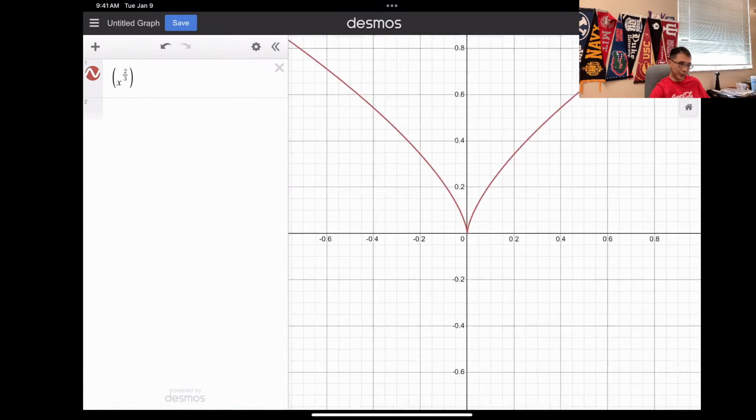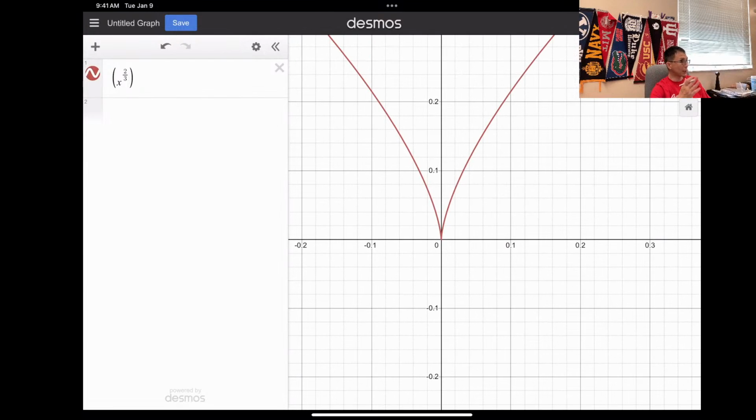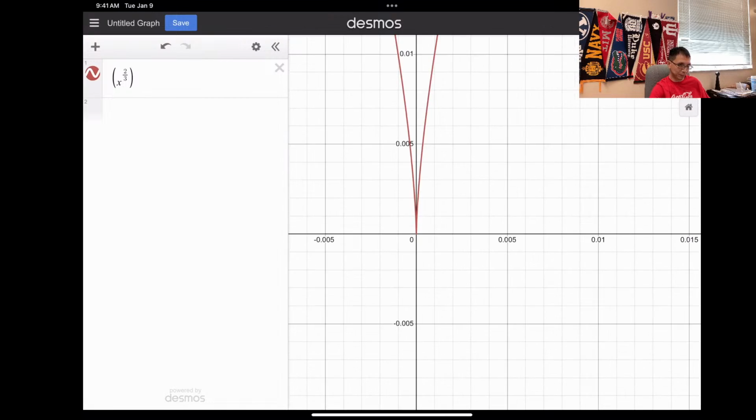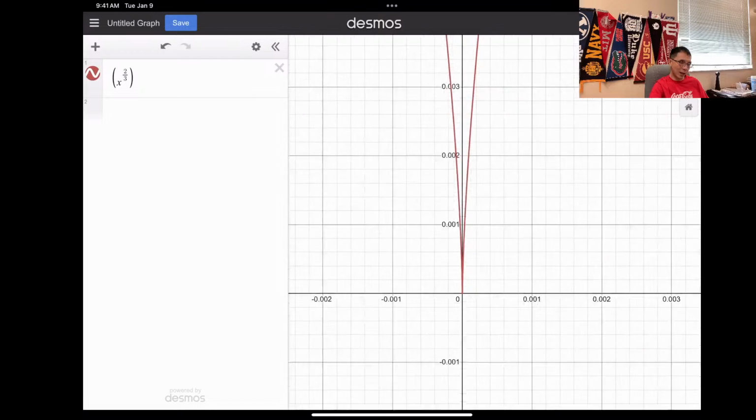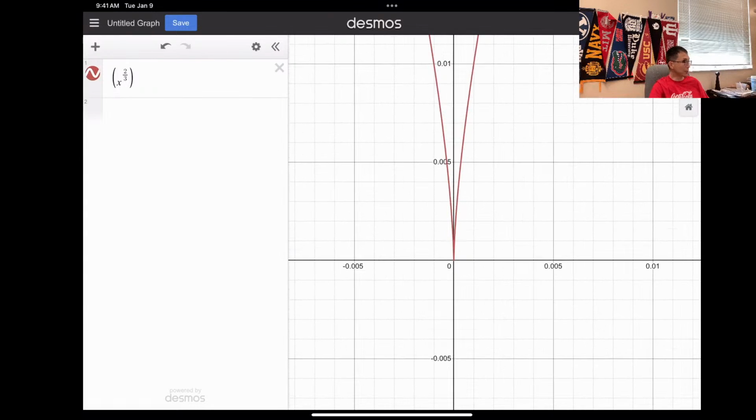Now, if you look here, the slope at 0 is actually a straight vertical line if you zoom in enough. So it's going to be a vertical line from both sides. So the slope is actually a vertical tangent as well. Now this is one example of a vertical tangent and sharp turn at the same time. And this is not how you want to ride a roller coaster.